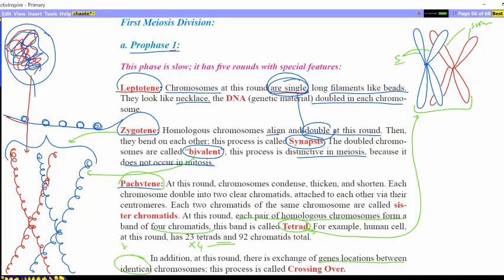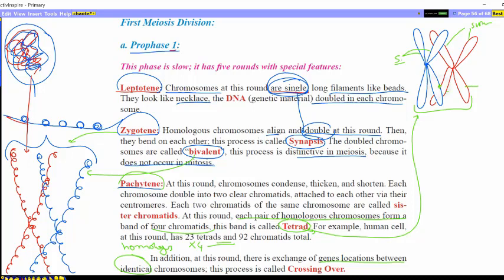Identical chromosomes means homologous chromosomes. They are not identical in genetic information, but as you remember, we said they have similar functions. Like what? Part of that chromosome is for eye color, and part of this chromosome is also for eye color.